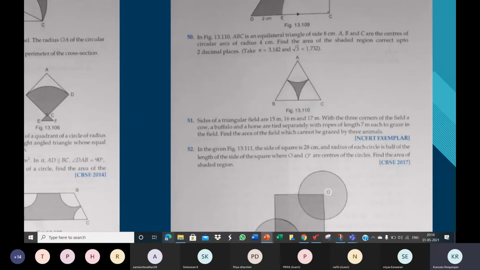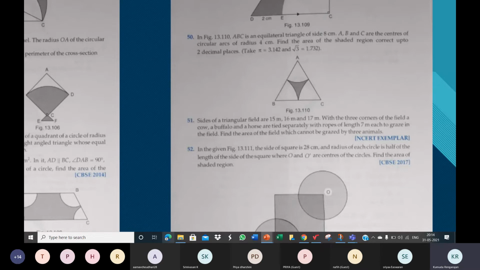Because how will you work it? The area of one sector is angle A by 360 into pi r square. I'm calling the triangle ABC. So angle A by 360 into pi r square plus angle B by 360 into pi r square plus angle C by 360 into pi r square. What is common?